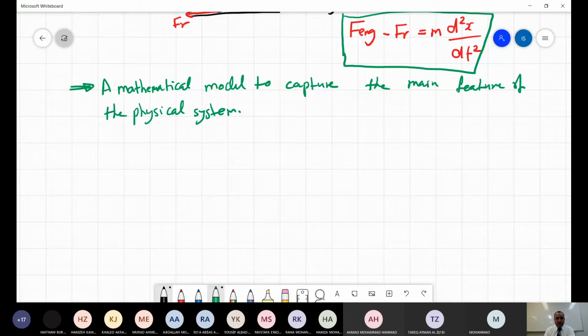Which means what? If the physical system is unstable, then the mathematical system is unstable, or the mathematical system can judge about the stability of the physical system.